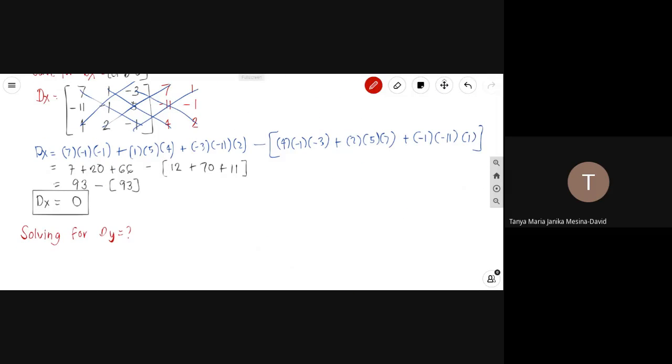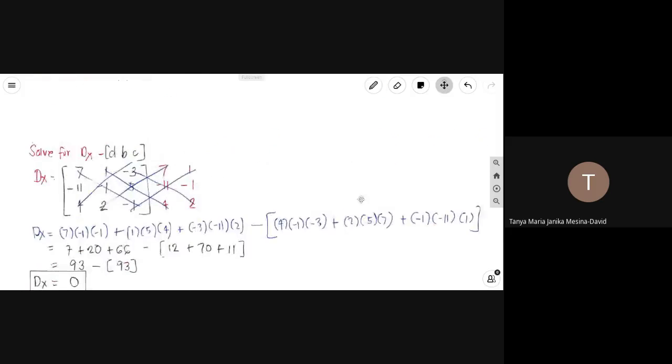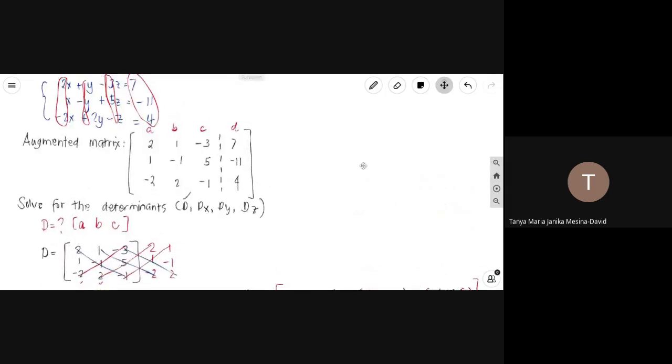I'll start with A, then B will be covered and replaced by D. So A, D, C. Those are the columns that I will be copying. Let's see what the numbers are.